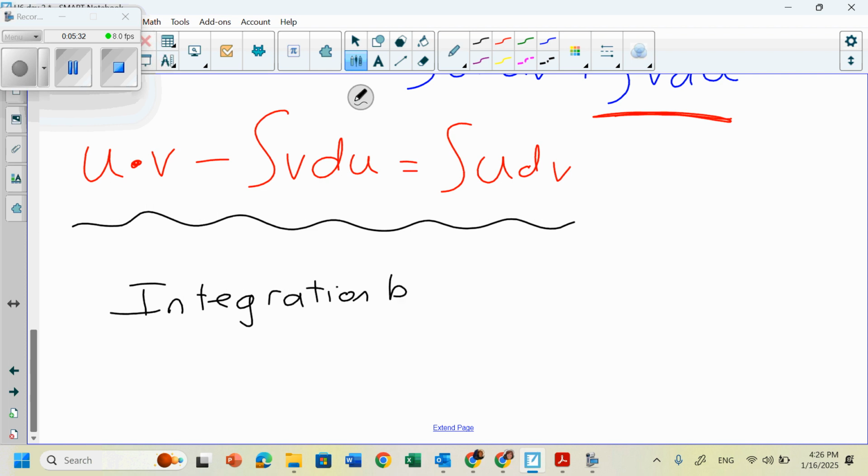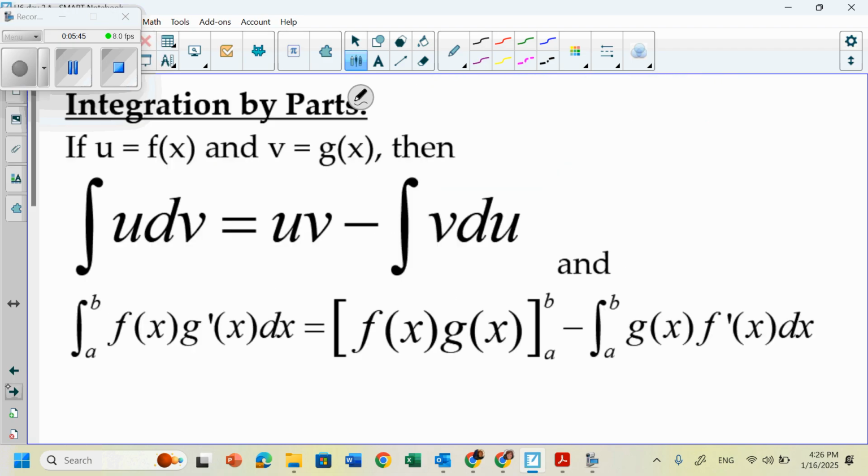If you notice, I'm going to flip to the next page. If u equals f of x and v equals g of x, as we just said, then the integration of u dv, what this all means, is I have an original function and I have the derivative of a function, g prime.